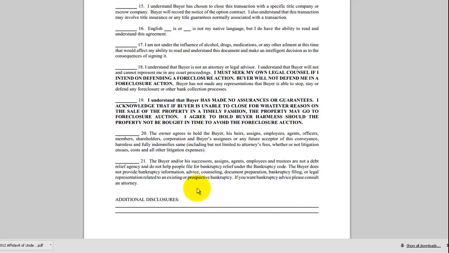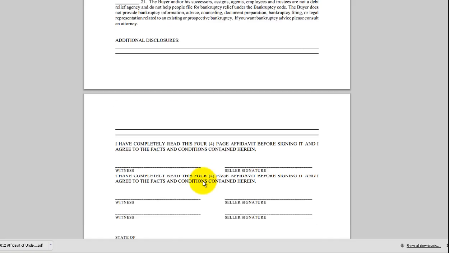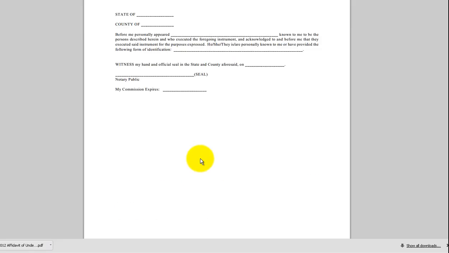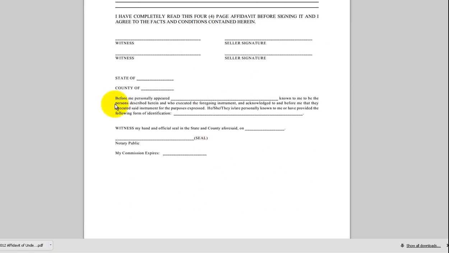So this seller owner of record avoids foreclosure and hopefully avoids all debt obligations that seller owner of record originally entered into with all the lien holders that have security interests on the property. And that's about it. At the very bottom, as I mentioned, this document is going to be notarized, and we're going to get a copy of it.